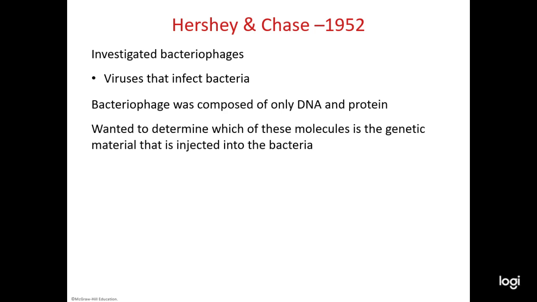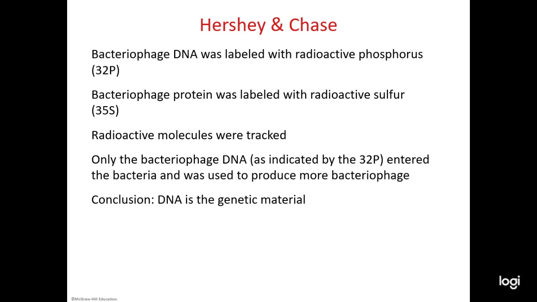And they wanted to determine which of these is actually going into the bacteria, because whatever's going into the bacteria is what's making the thing happen, that makes bacteria start making viruses rather than more bacteria. Okay? So they actually did this in a very cool way. They did it with radioactive stuff, right?